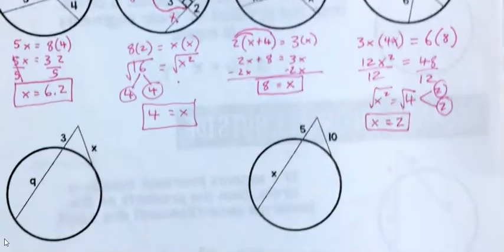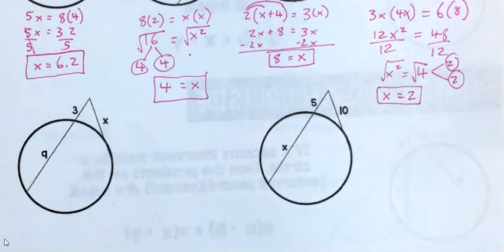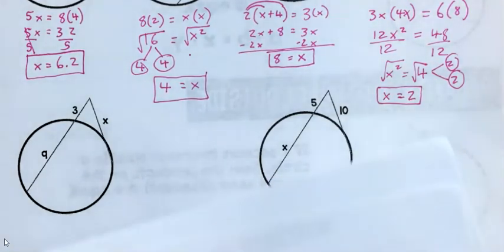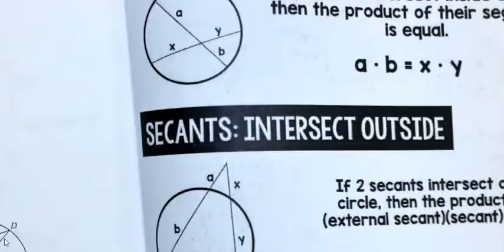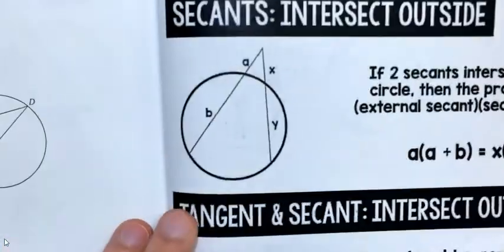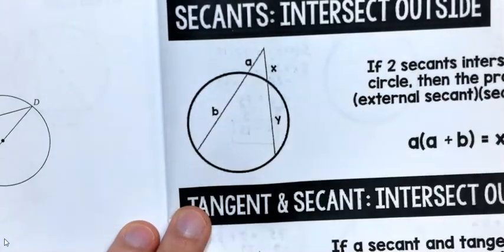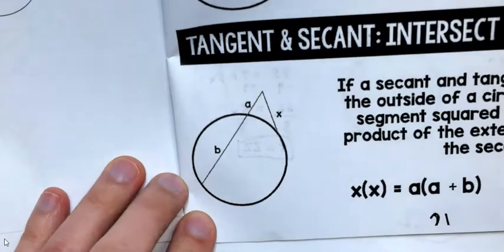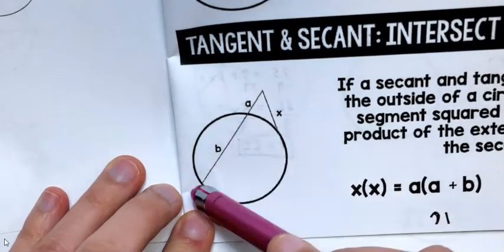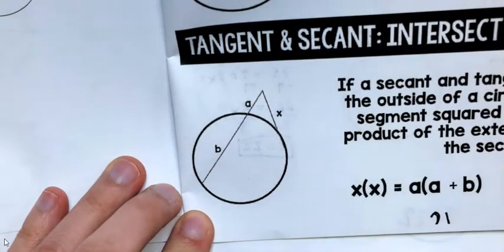When we move on to this style of problem, I have to go back to the front page to see what kind of formula I am using. We have two options. We have this option right here where we have 2 sections on the outside and 2 sections on the inside of the circle. Or we have this right here: 1 section on the inside of the circle and 2 sections on the outside.